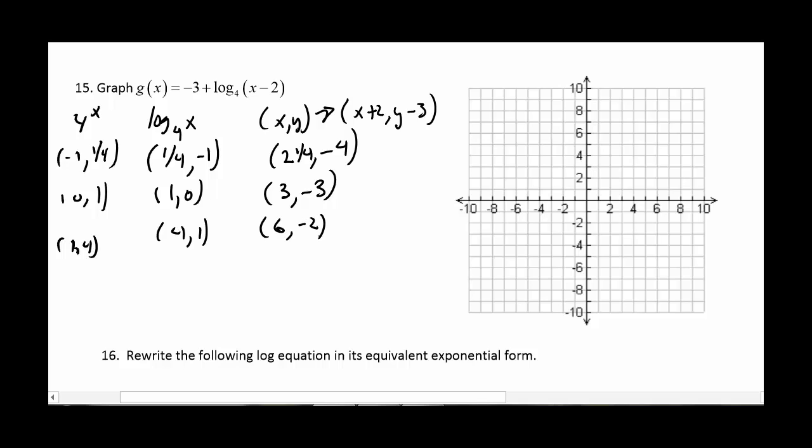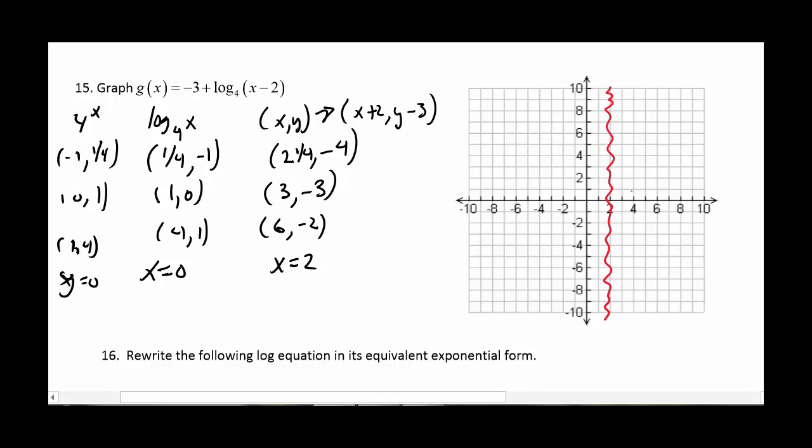Okay, and oh, the asymptote, we didn't do the asymptote. For exponential, it's y equals 0. For log, it's x equals 0. So in this case, all the x's got added 2, so we're now at x equals 2. All right, so we'll do the asymptote first. Then let's plot our point.